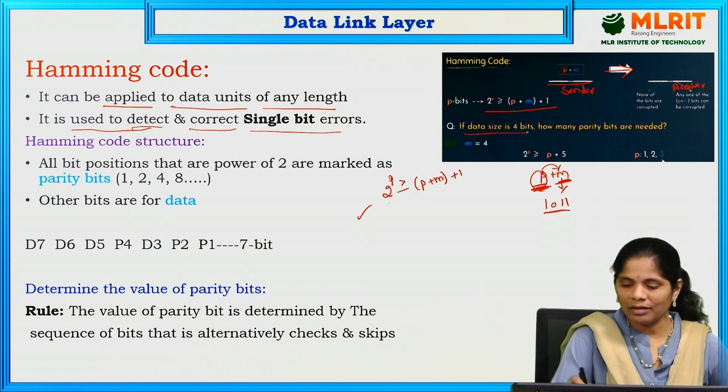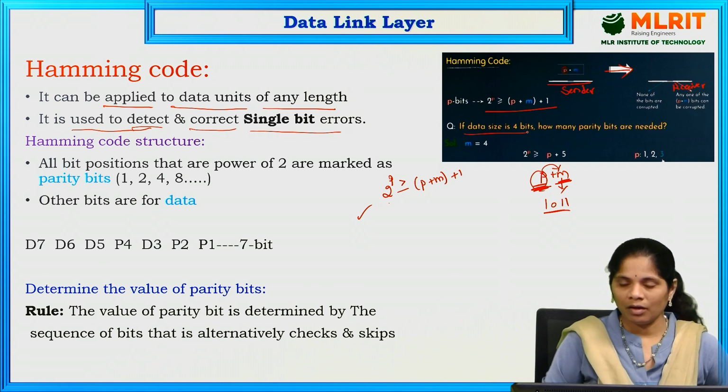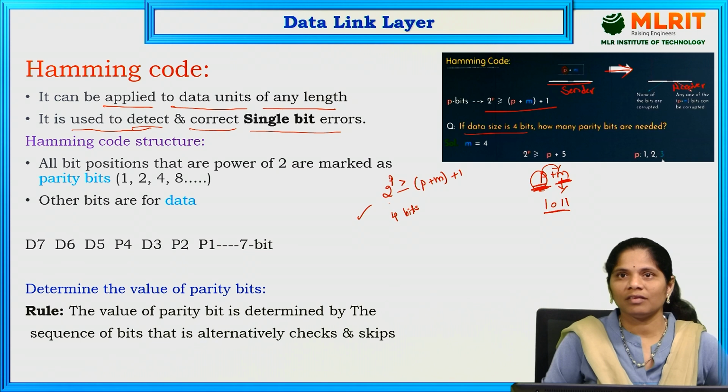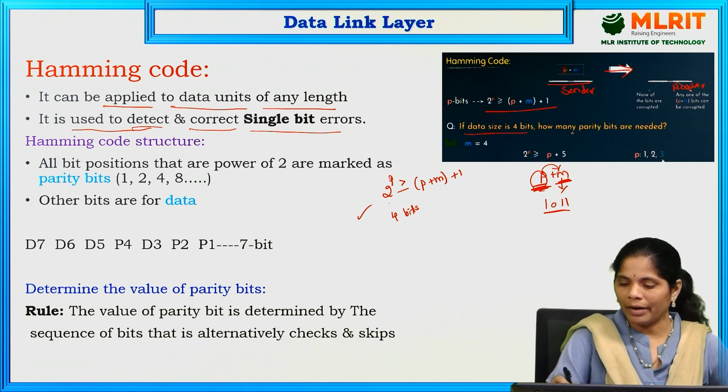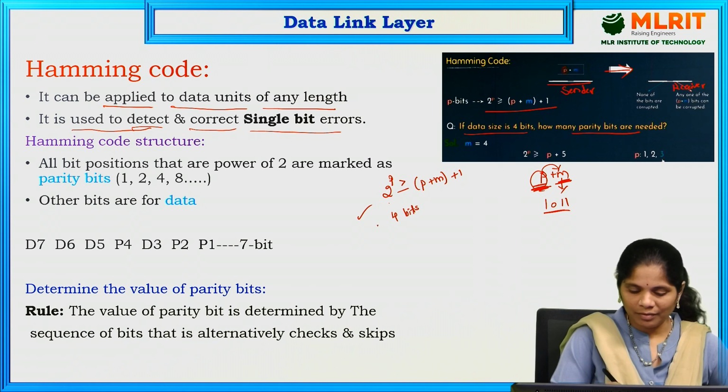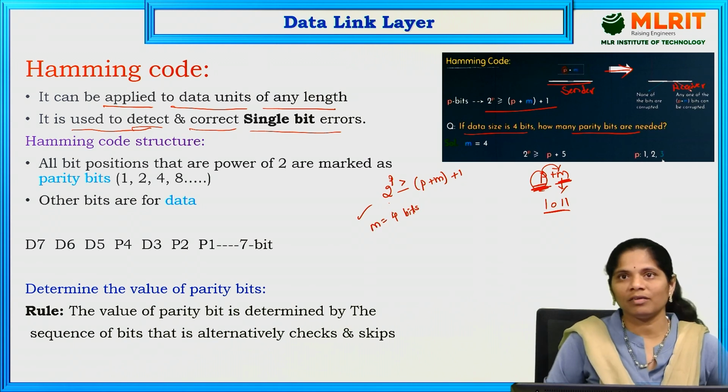Here the data size is 4 bits. How many parity bits are needed to transmit the data? So here M equals 4, the original message.